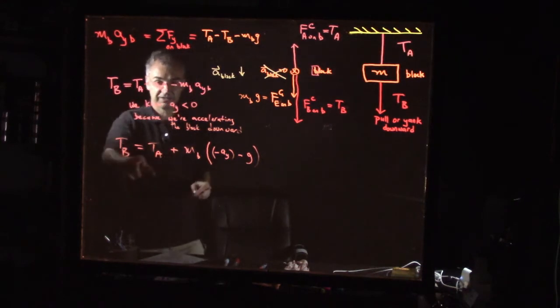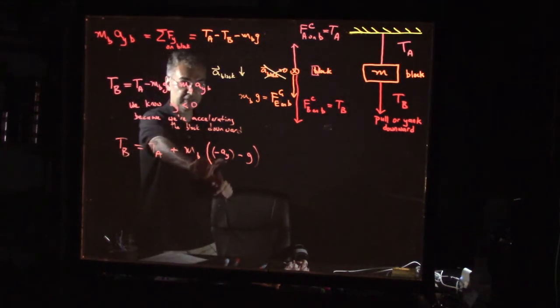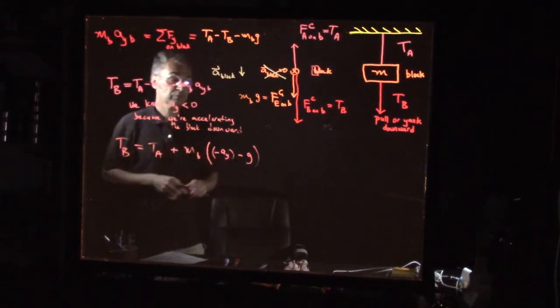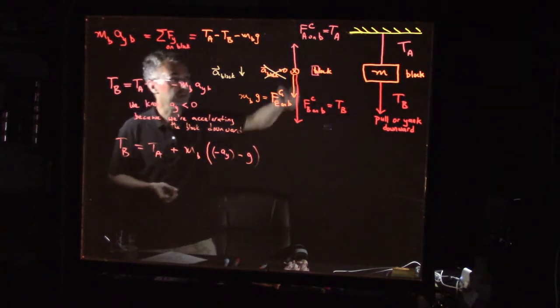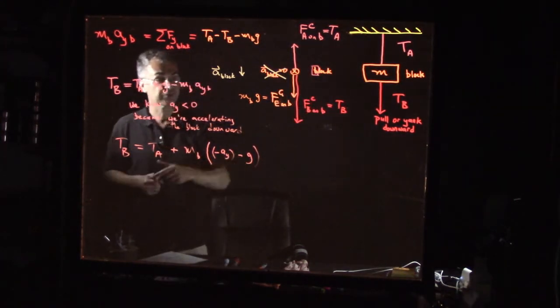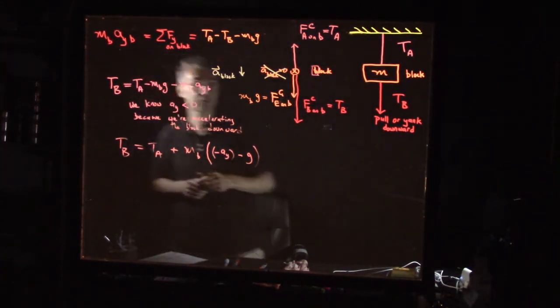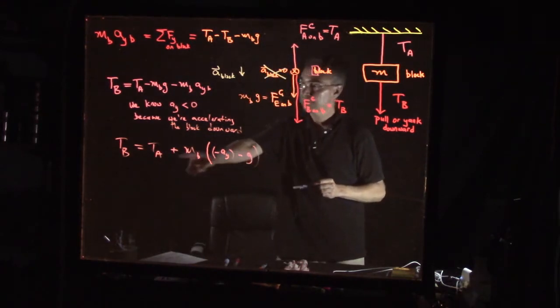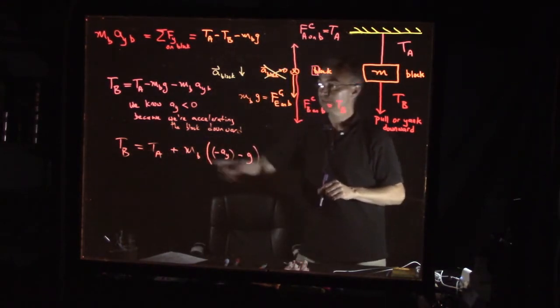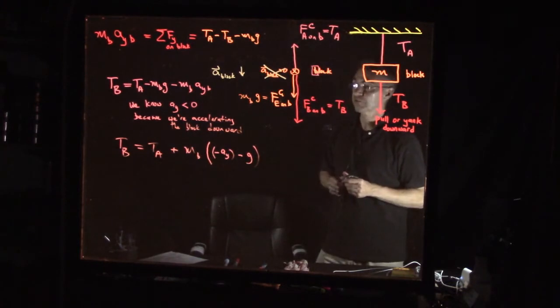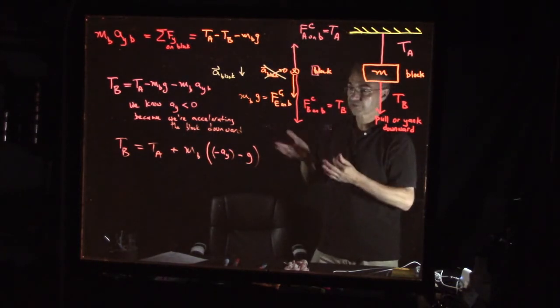So basically, if this downward acceleration of the block is bigger than g, which it should be as long as I pull fast enough, then the tension in string B is bigger, so string B should break first. That's what distinguishes the two cases.